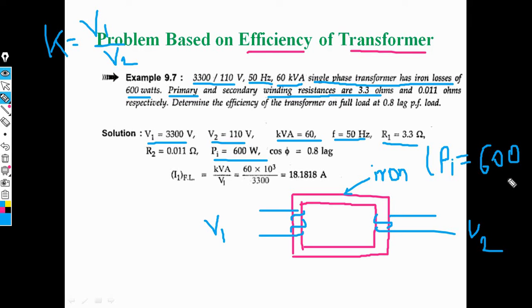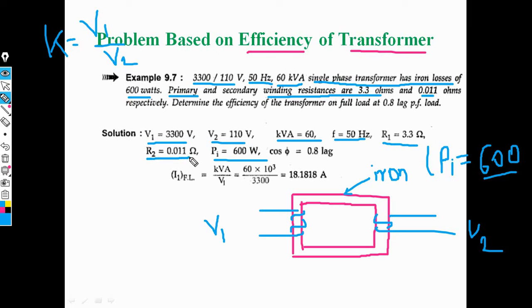Okay, now the iron losses is 600 here. Primary winding resistance is 3.3 ohm. Then secondary winding resistance is 0.011 ohm.